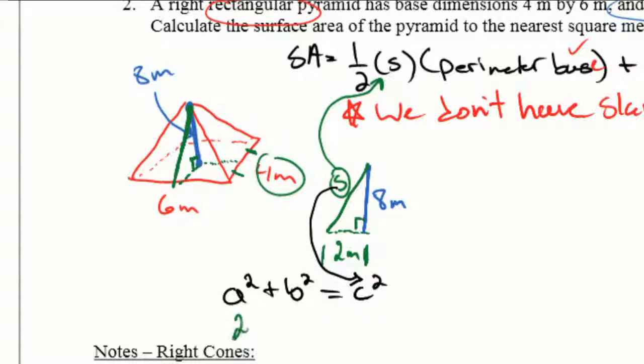So I'm going to take my 2 squared, use the bottom. I'm going to add to it this 8 squared, and I'm going to end up with the s squared.